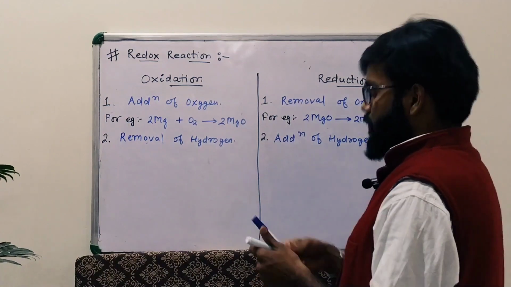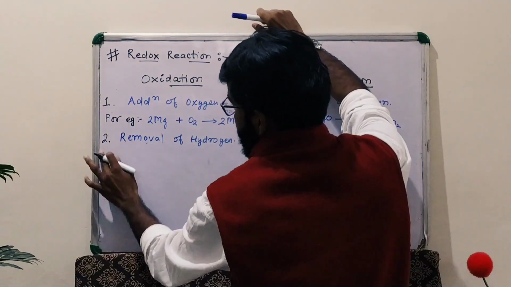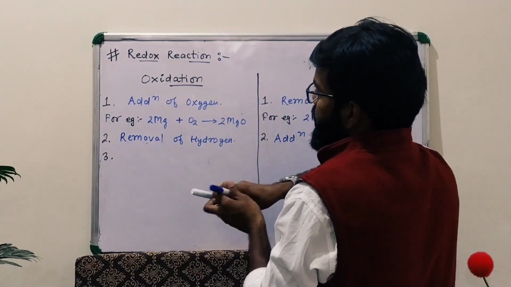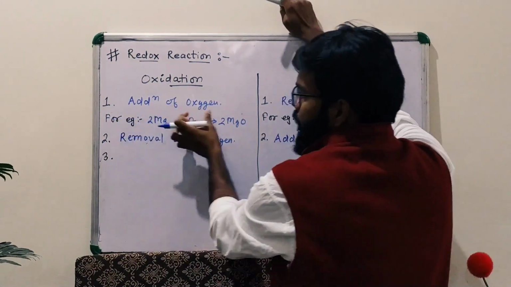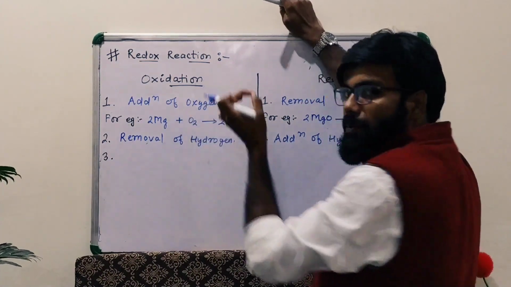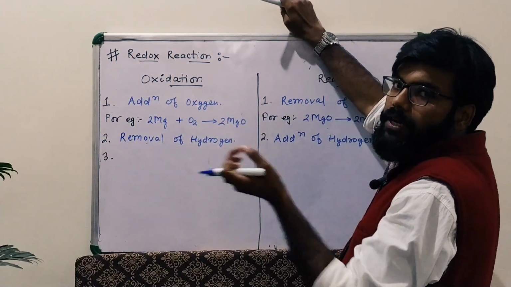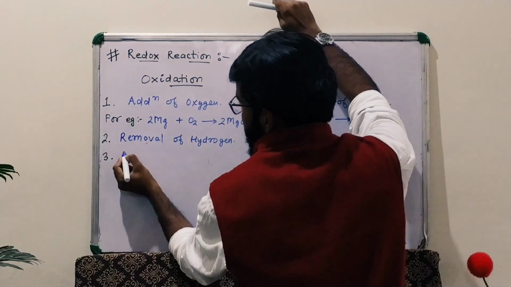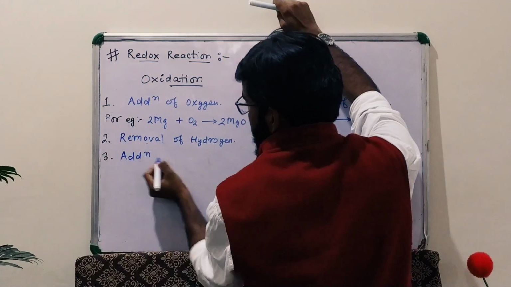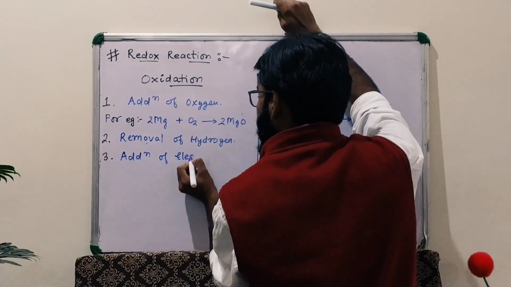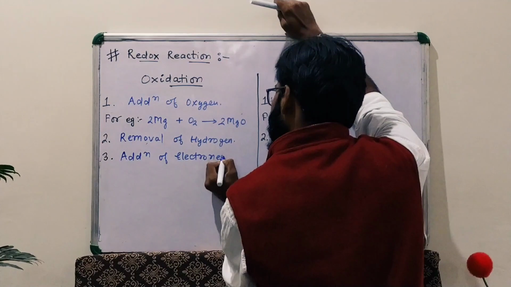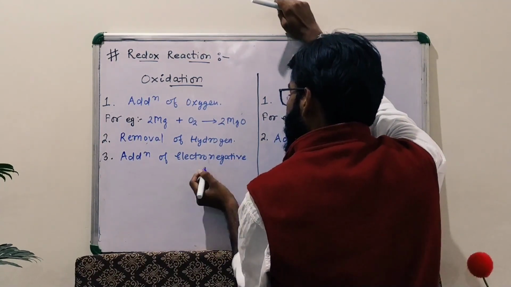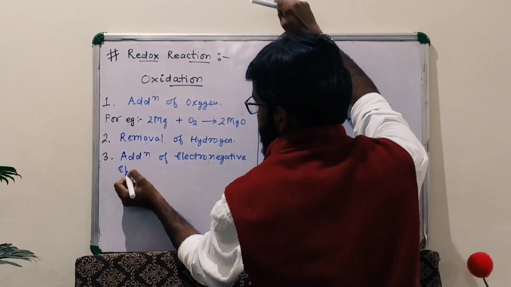So third difference: a chemical process in which addition of electronegative element takes place is known as oxidation. So here the third definition will be addition of electronegative element.